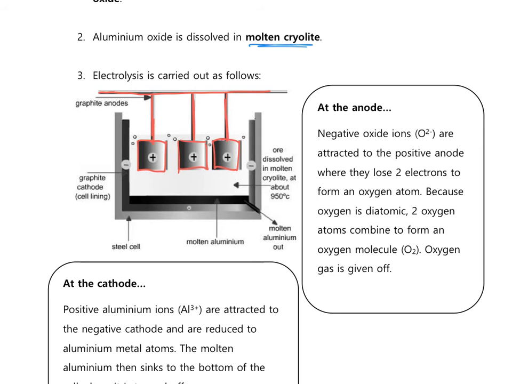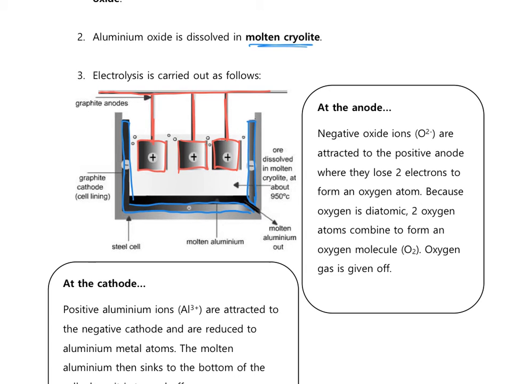Those are the anodes. Then you may ask yourself, where on earth is the cathode? Well, the cathode actually runs all the way around the outside. There's a gap here, and that's in order for the aluminium that we formed to be tapped off. But that is the cathode there. So this looks very different than our normal electrolysis apparatus, but you can see your anode and your cathode there now that they're coloured in.